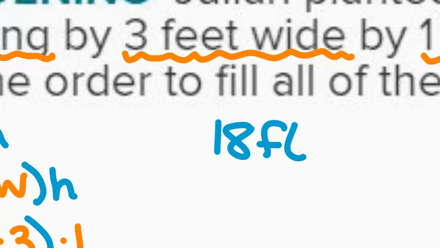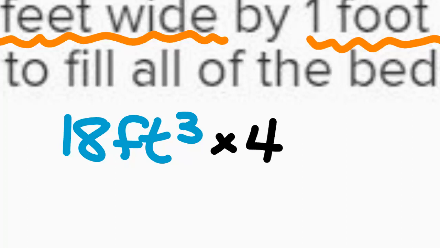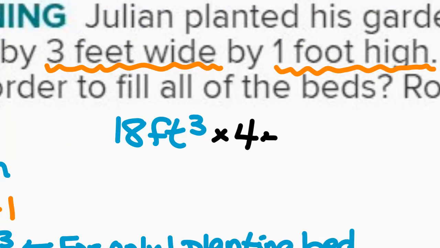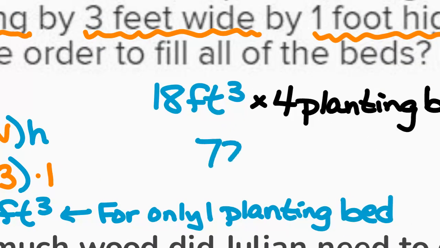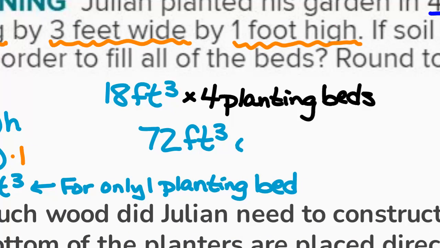So we're going to take that 18 feet cubed and multiply that by 4 planting beds. And you're right, we get 72 feet cubed. So 72 cubic feet of soil is needed.